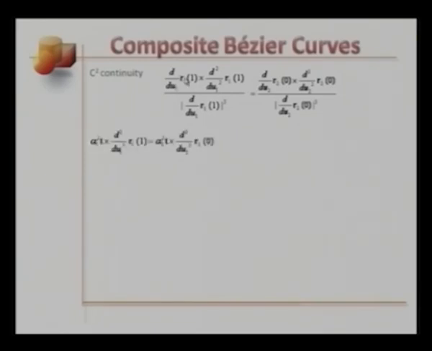Let's plug in the information pertaining to the first derivatives of the two Bezier segments in terms of the unit tangent t and the scale factors alphas.